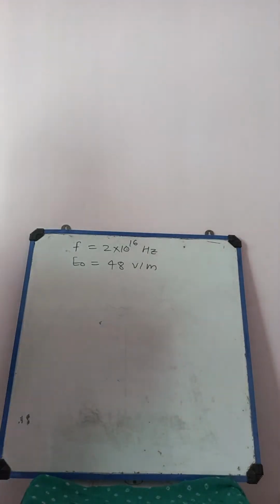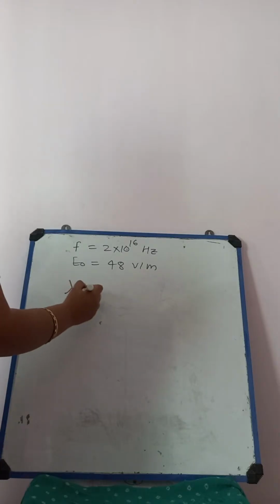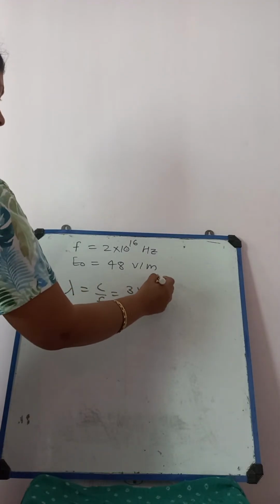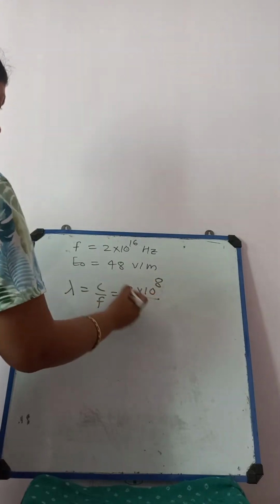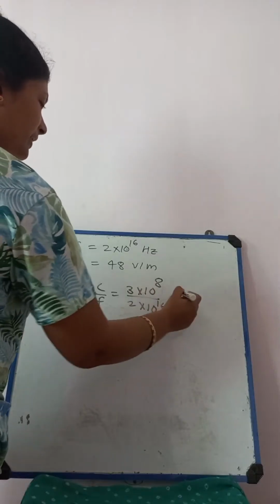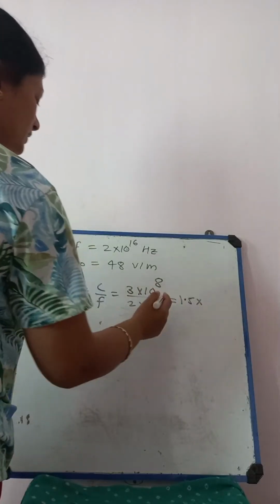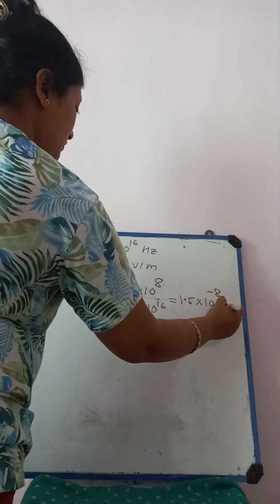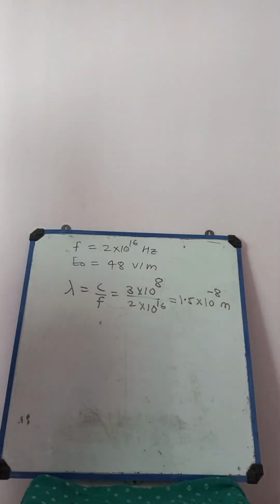So we know that lambda is equal to C by f. C is the speed of light in a vacuum, 3 into 10 raised to 8, and frequency is 2 into 10 raised to 16. So 3 by 2 is 1.5, and 8 minus 16 is 10 raised to minus 8 meter. This is lambda. That's it. This is the answer of the first bit.